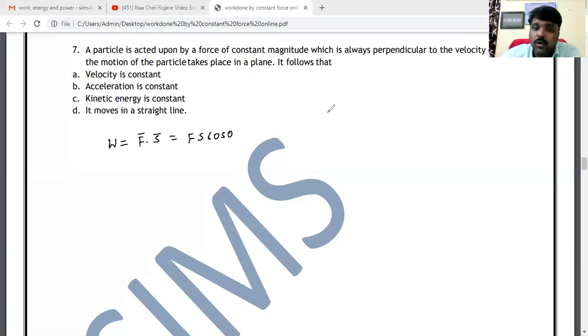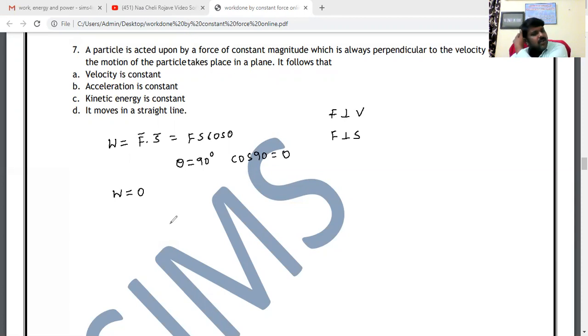If the force is perpendicular to the velocity, then obviously the force is perpendicular to the displacement, as the velocity has the same direction as the displacement. Hence the angle between the force and displacement, theta, equals 90 degrees. When theta equals 90 degrees, cos 90 equals 0. That means work done is 0.